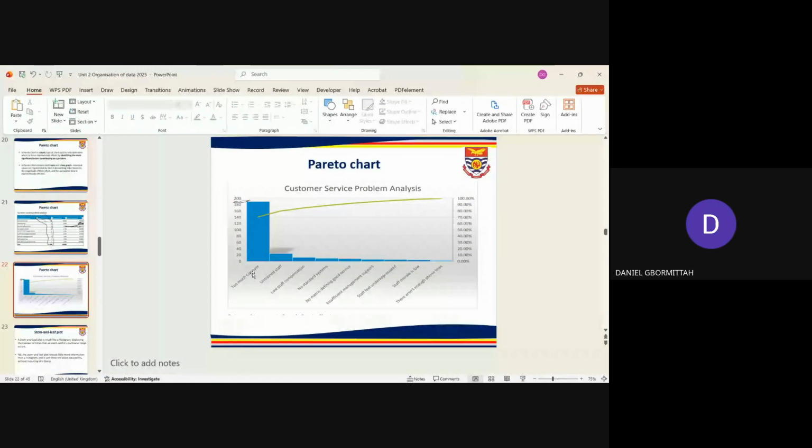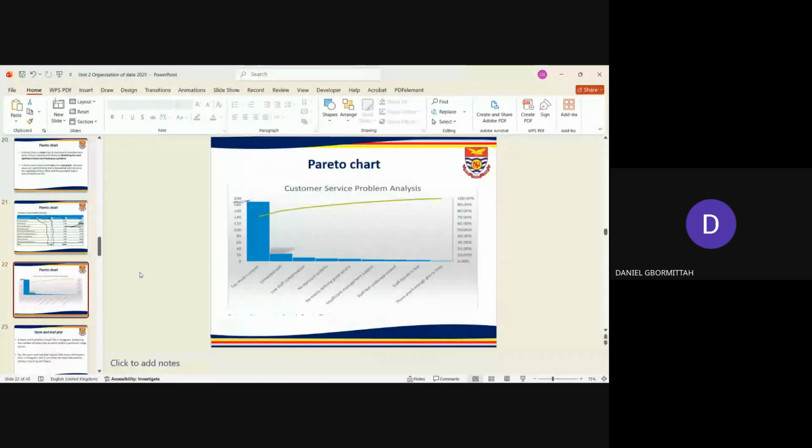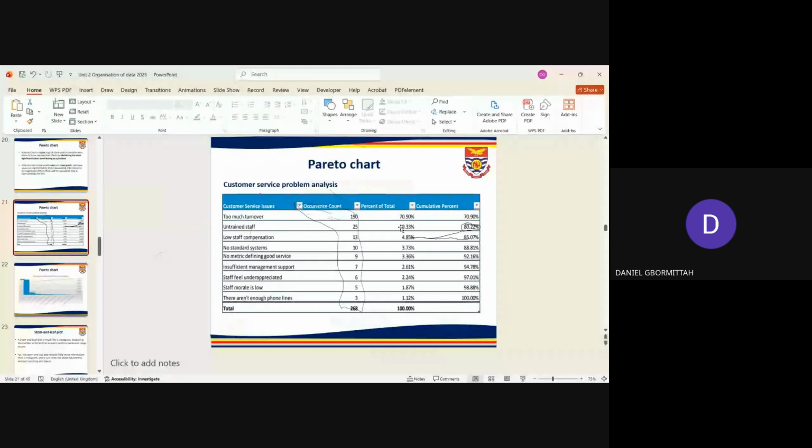Now, because we have arranged the data in descending order, you realize that the first one, which is 2 months turnover, the cumulative frequency was 70.9%.